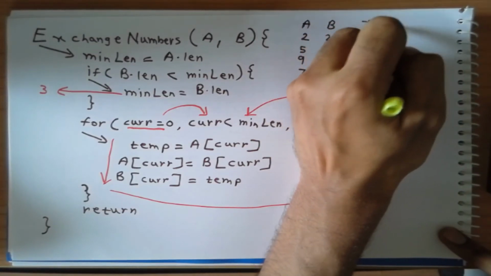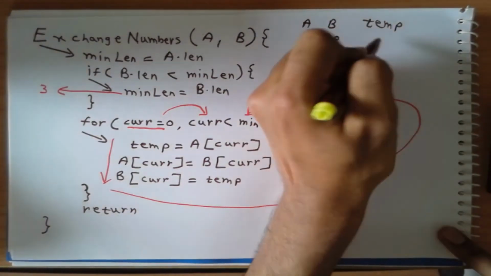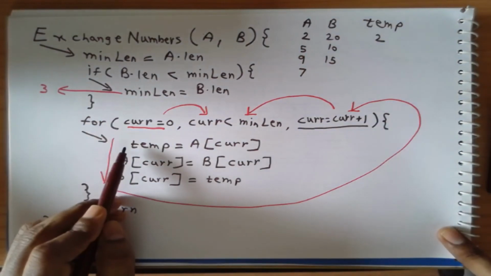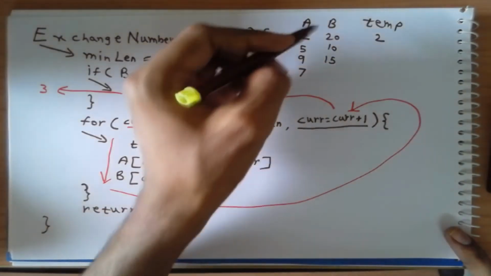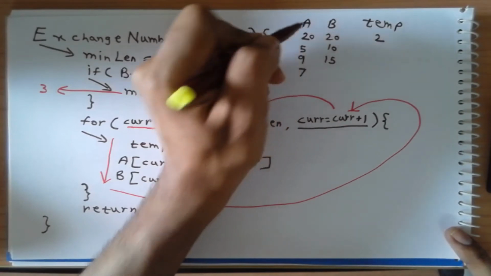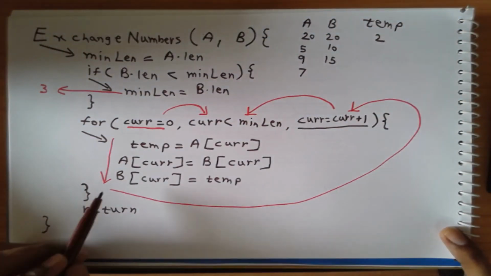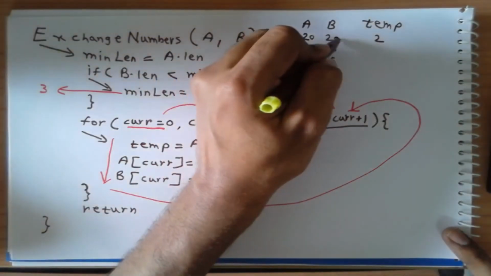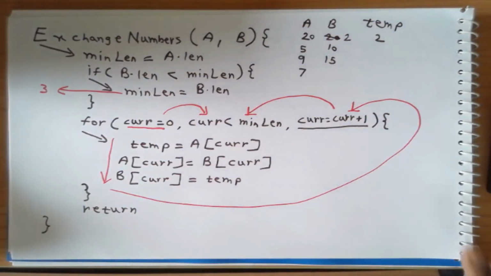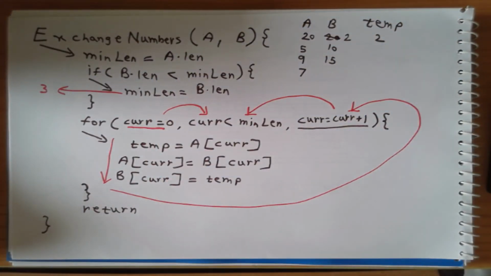So temp is currently set to 2 after I finish execution of this statement, and then A current will be B current, so the value 20 is copied into A, so now it is overwritten, it becomes 20, and then the value of temp is copied into B, and this becomes just 2. Okay, so effectively we have swapped the numbers of A and B at position 0.